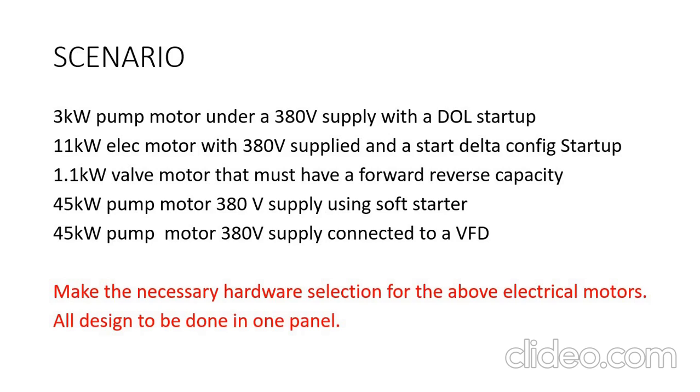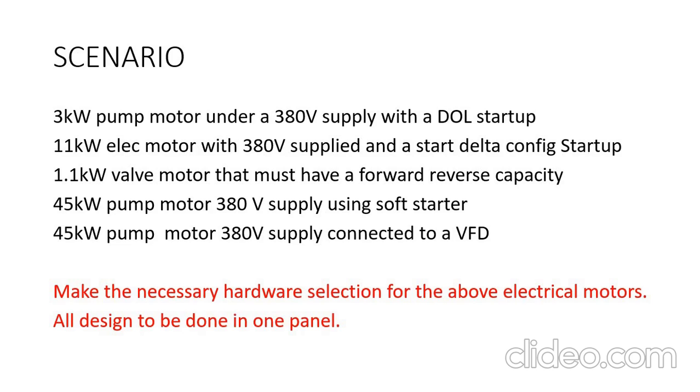As you can see here, there are several electrical motors listed, and all of them have a supply voltage of 380 volts, with different methods of startup and different rated powers. The first one is a 3 kilowatt pump motor that has a direct online startup. The second one is an 11 kilowatt motor with a star delta configuration for startup.